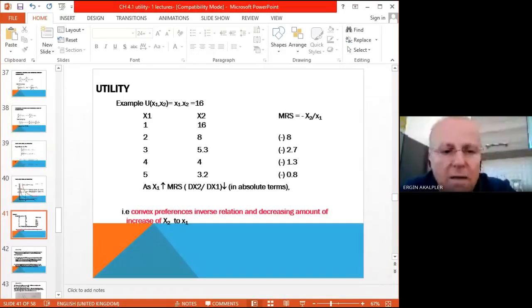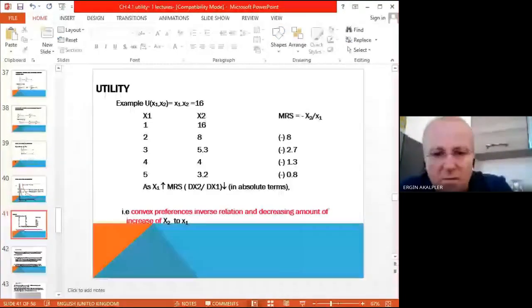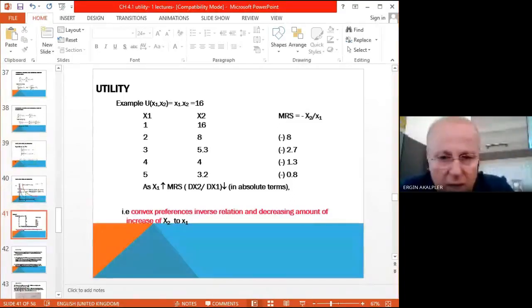X1 is supposed to be 1, 2, 3, 4, 5, and x2 is supposed to be 16, 8, 5.34, and 3.2. This is realized by the marginal rate of substitution for the given example, which is minus x2 over x1.